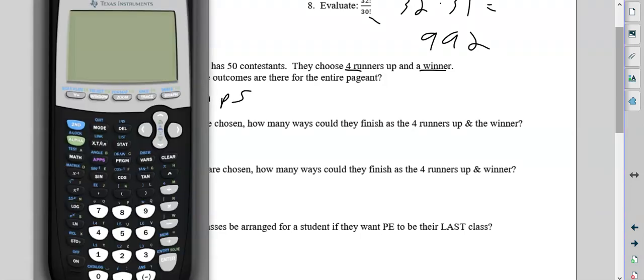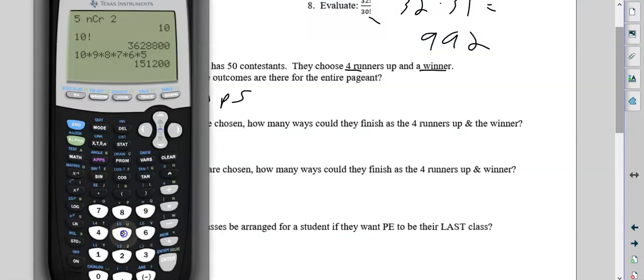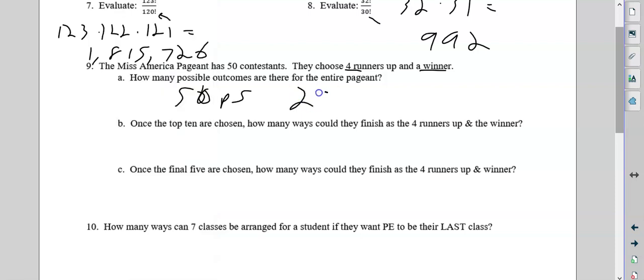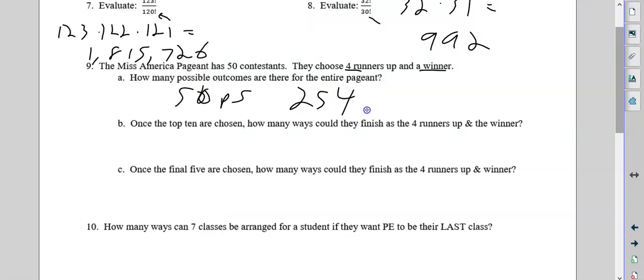So we go to our calculator. We do 50, math, PRB, NPR, 5. So that's 251,200.